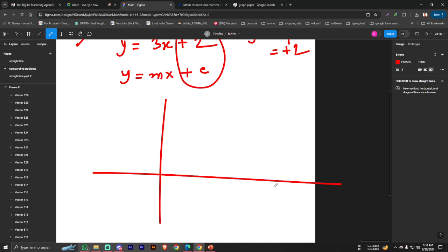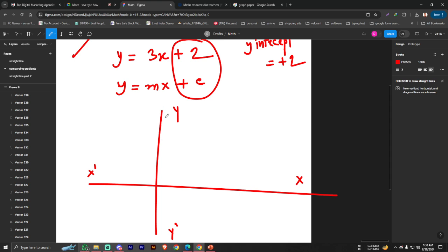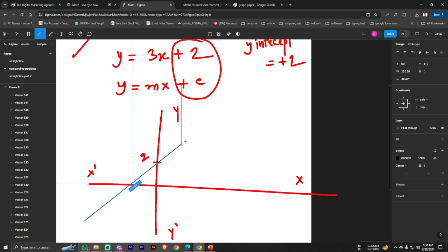It means that if we plot this graph on graph paper, suppose I'm taking graph paper freehand, in the positive direction of the y-axis at plus 2, the graph will be something like this.